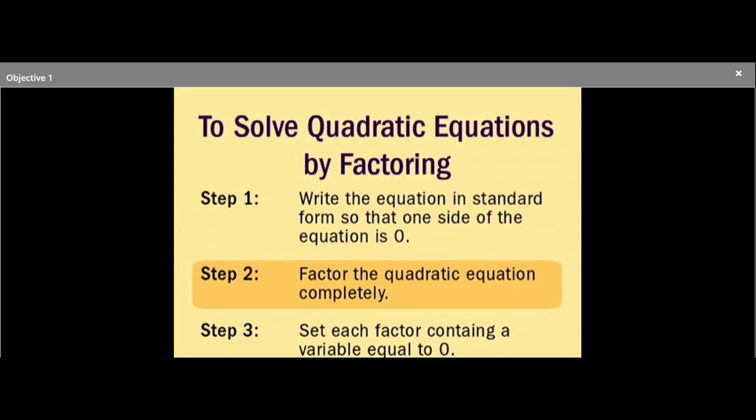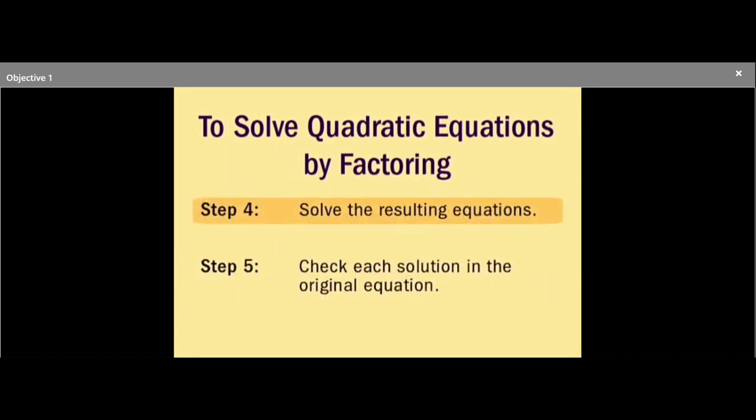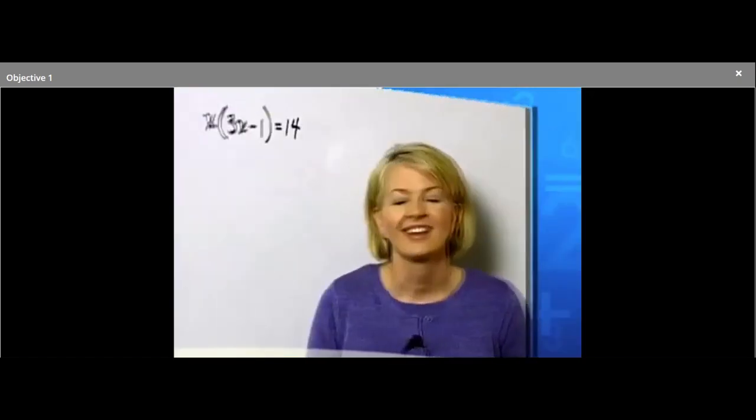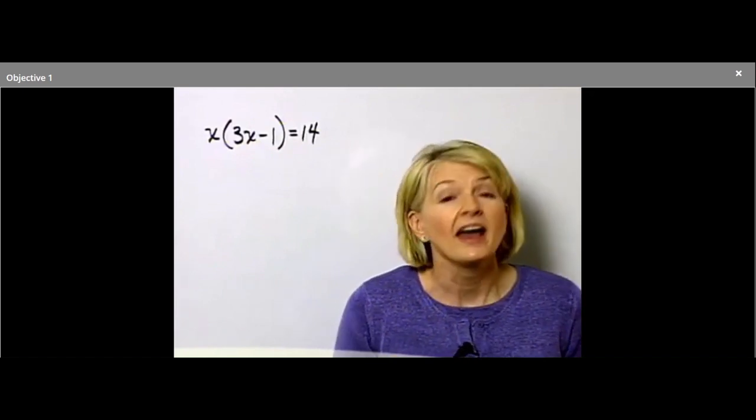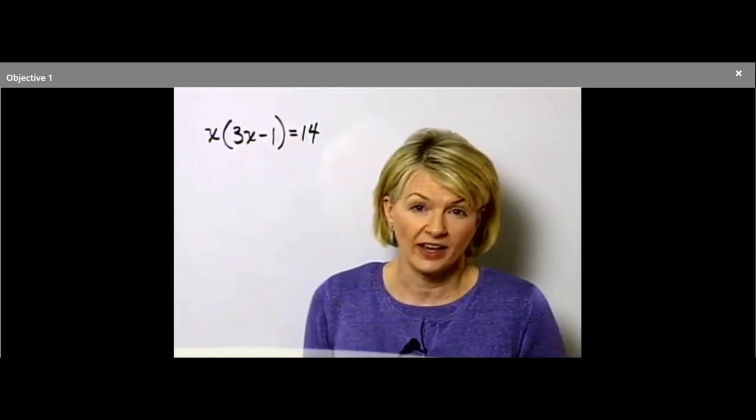And here we are indeed solving quadratic equations by factoring, so we would factor a quadratic equation completely. Step 3, set each factor containing a variable equal to 0. Step 4, solve the resulting equations. And step 5, check each solution in the original equation. Let's go through those steps as we solve this equation.